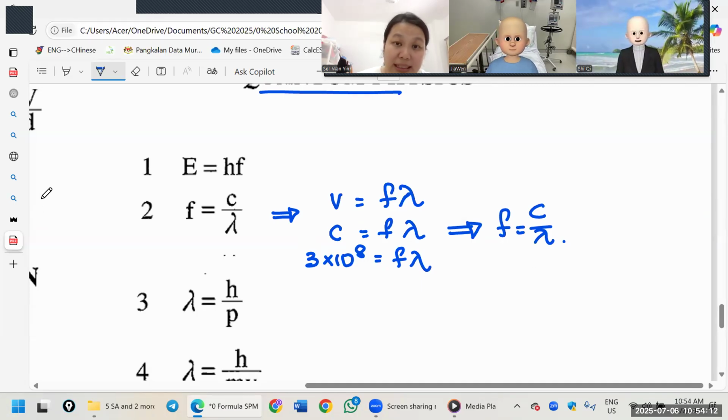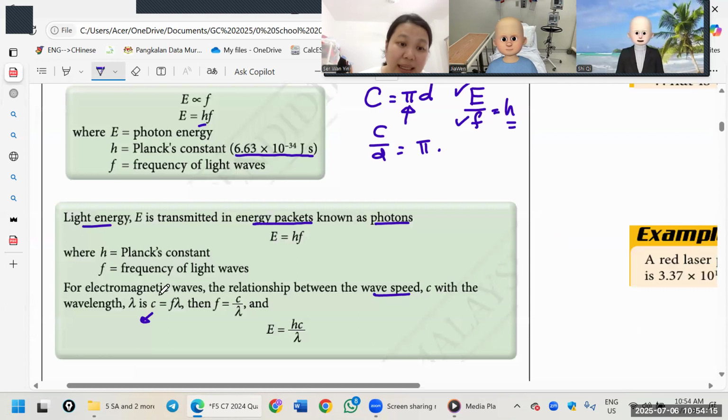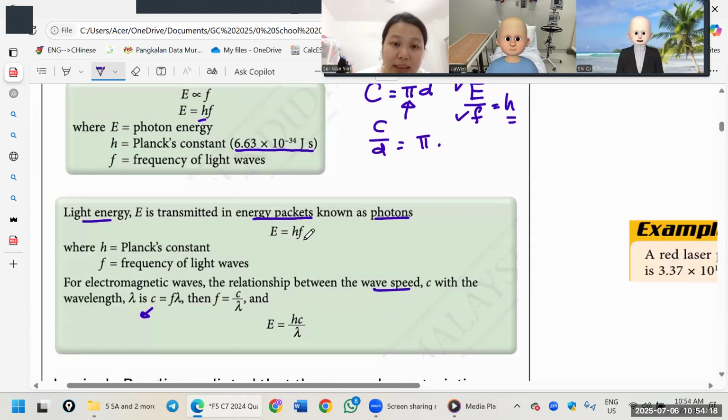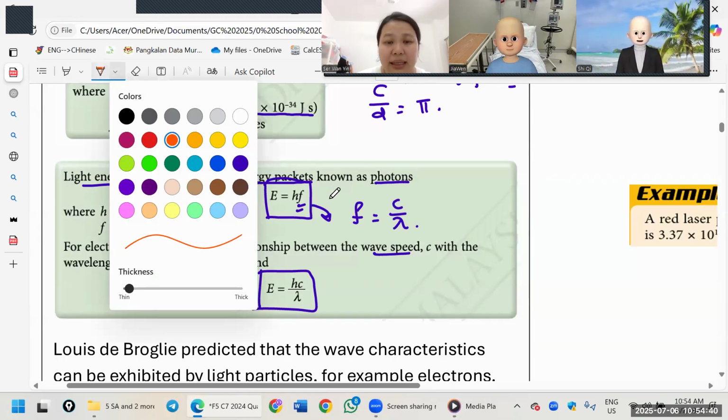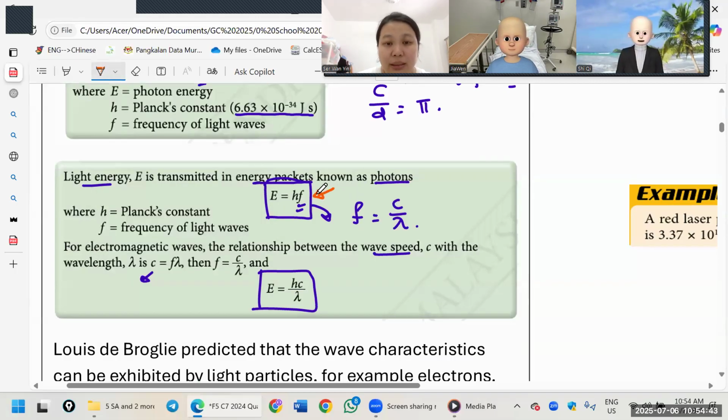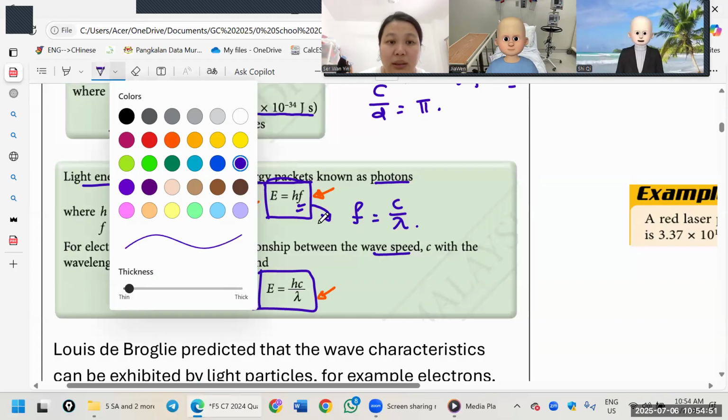C is already fixed, it's the speed of light. So we can substitute f with c over lambda, and create a new formula: E equals hc over lambda. You might ask what's the difference. Very easy: when the question gives frequency f, I use this formula; when the question gives wavelength lambda, I use that formula.